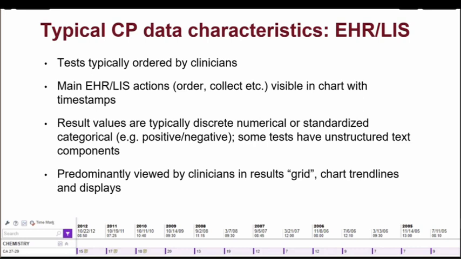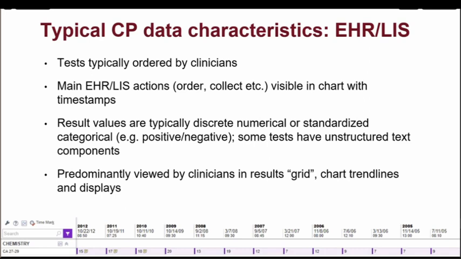Because these tests tend to have shorter turnaround time, they are rather predictable in terms of when physicians can expect to see their results. As has been mentioned before, the result values are typically discrete or categorical, not in all cases. Some tests do also have unstructured text components, although even those tend to be more standardized in CP tests.